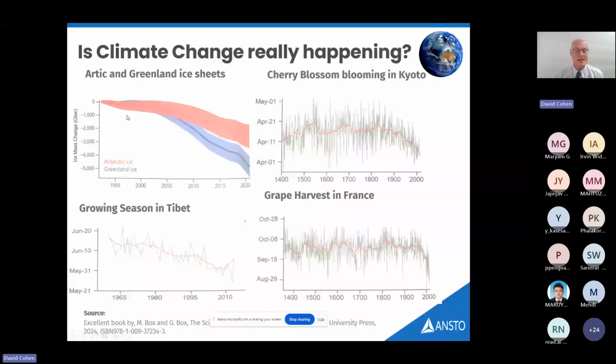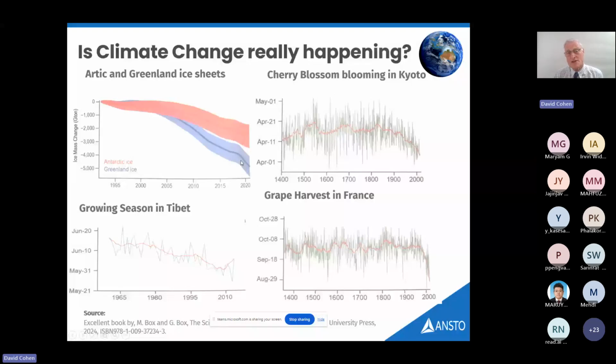The red is the Antarctic ice sheet, sorry, and the Greenland ice sheet is the blue. And what you can see here is the ice mass change in gigatons. And this is only going back to the 1990s to the present. And you can see quite clearly that there's been over 5,000 gigatons of ice sheet that's been lost.